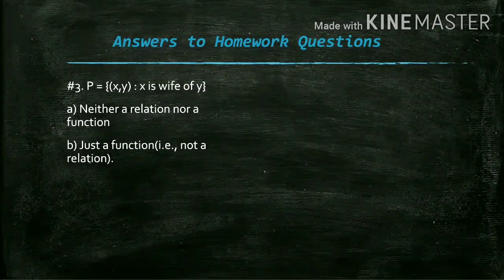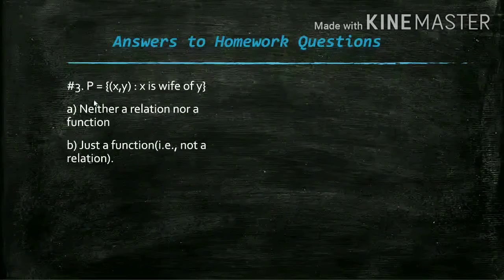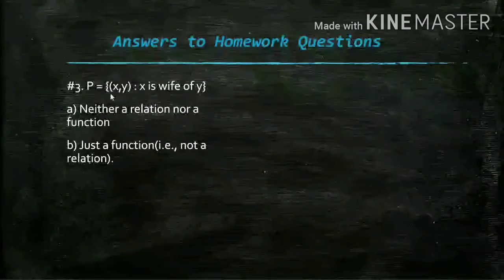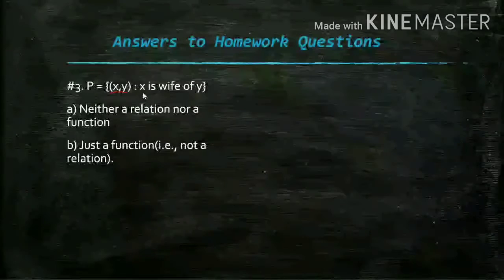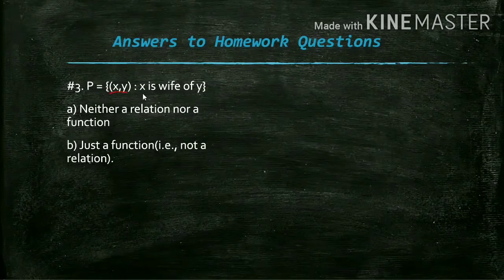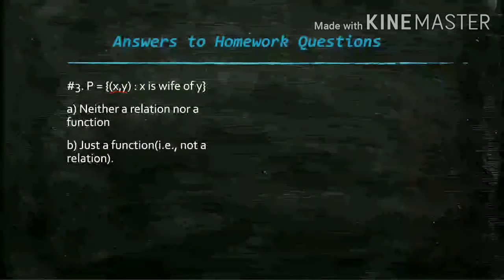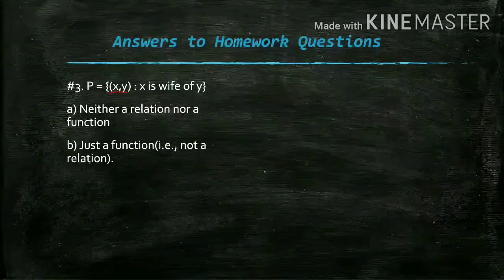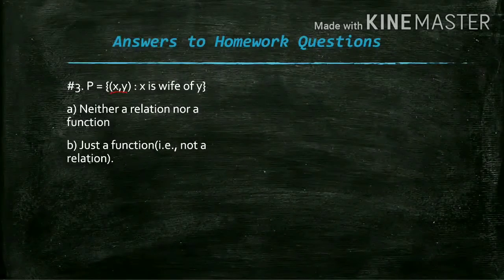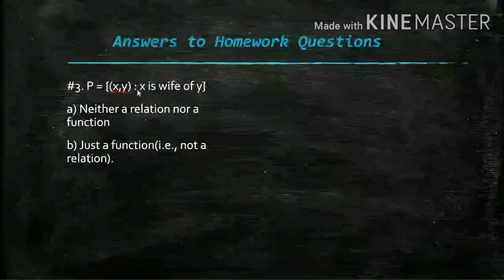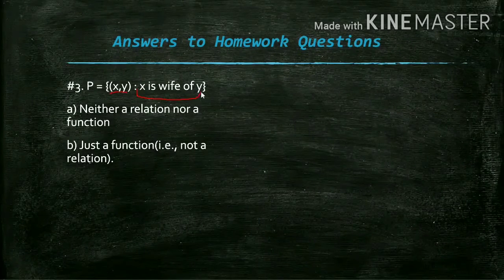The third question was given to you as this set P containing the pair x, y, and how x and y are related. Now here we do not have a mathematical term like in the earlier ones, where we have x square equal to y or x is equal to y plus 1. But here we have a serious relation, which is that x is wife of y.